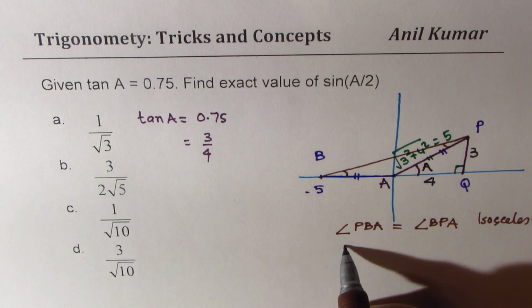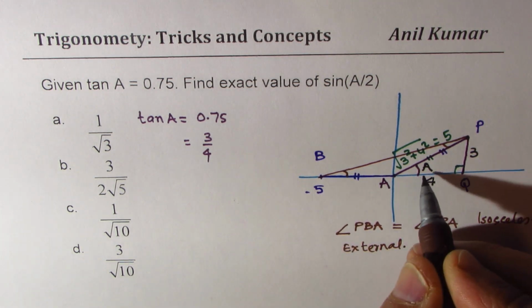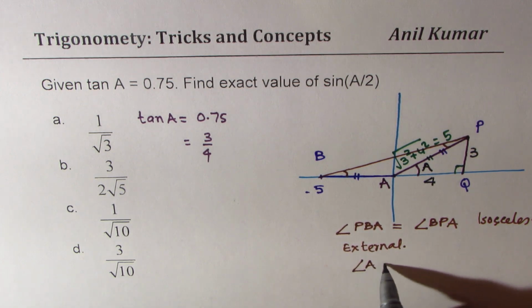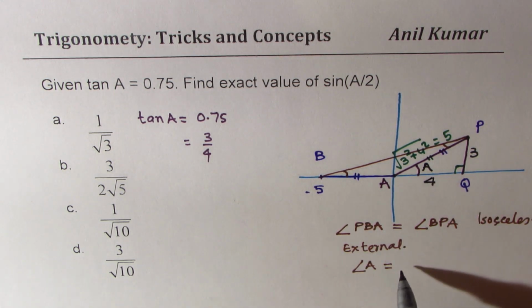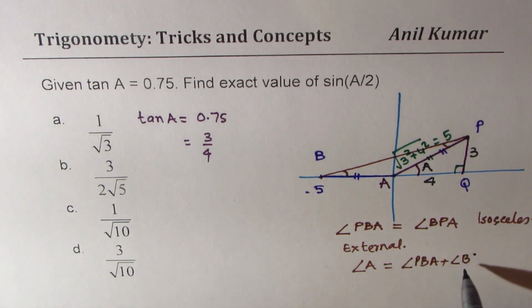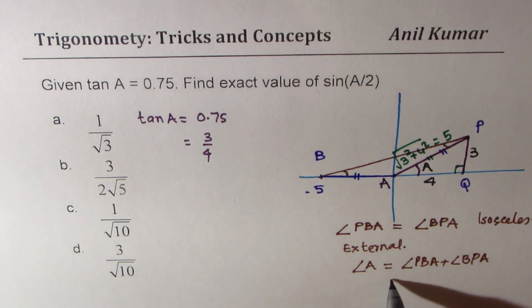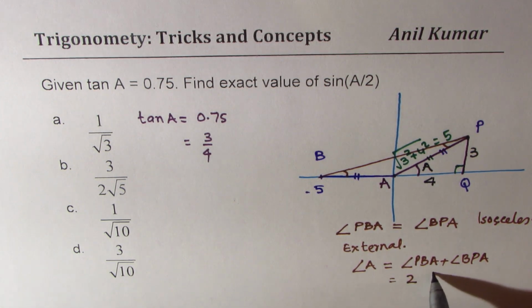Now, since it is an isosceles triangle, these two angles are equal. But we also know from the external angle that angle A is actually equal to the sum of these two, right? Is equal to angle PBA plus angle BPA. And these two are same, which equals twice angle PBA.